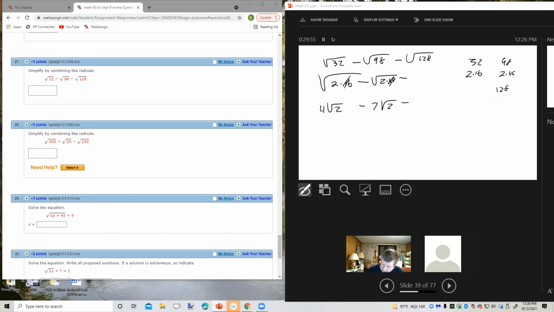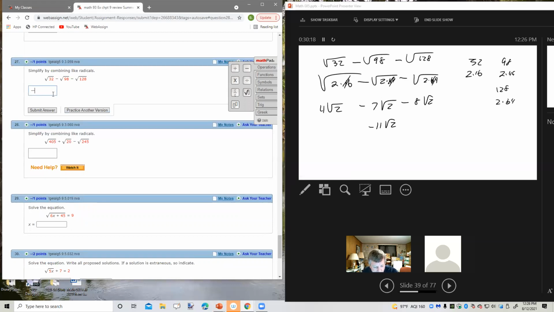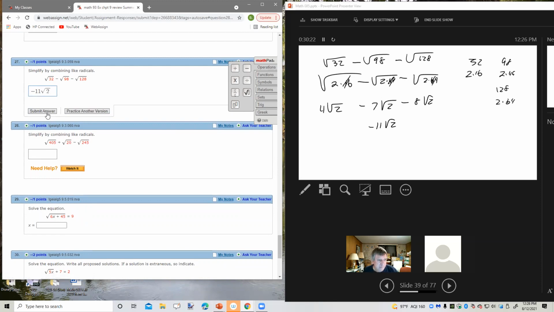And 128 is 2 times 64. Square root of 64 is 8 square roots of 2. So you get 4 square roots of 2 minus 7 square roots of 2, which is negative 3 square roots of 2, minus 8 square roots of 2 is negative 11 square roots of 2.